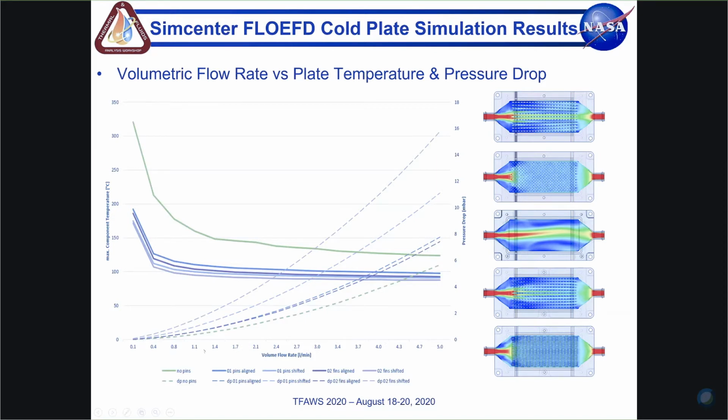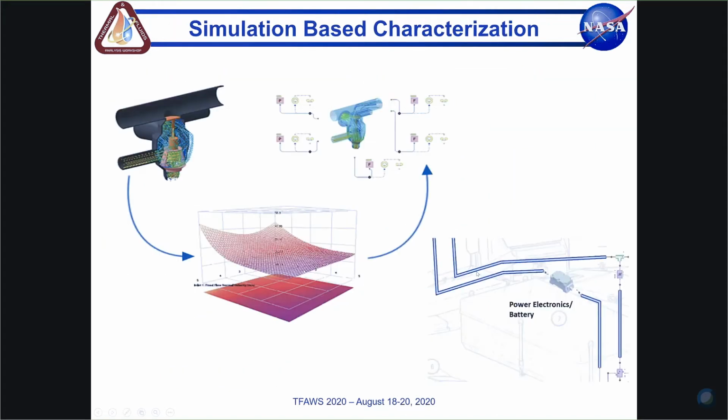So that's the design we'll go with. Here's another view of that data, just maximum component temperature over the entire geometry, not average temperature, but the hot spot, overall pressure drop, and flow rate. Right? So again, we can see our pins aligned case is not the best on every measure, but overall is the best for our use.